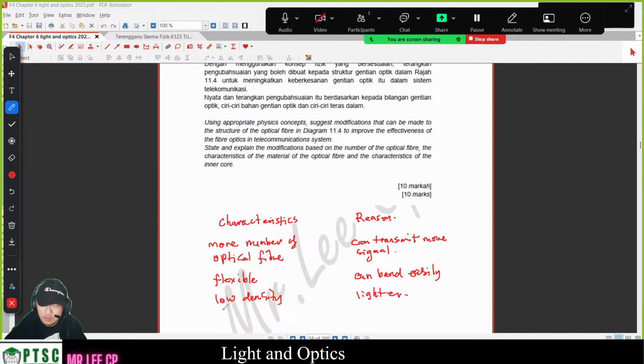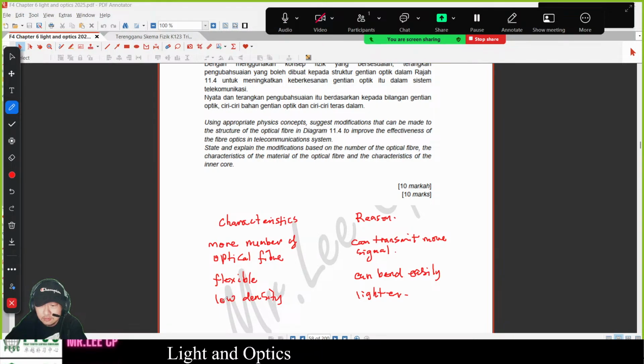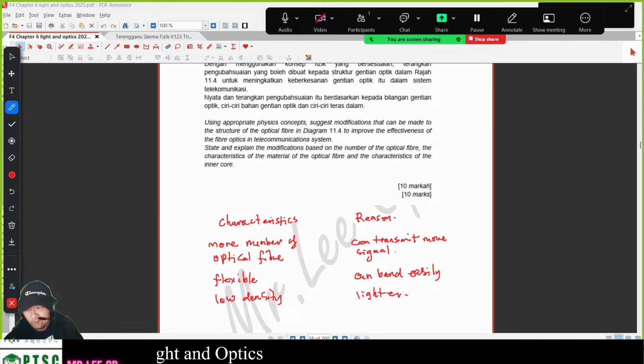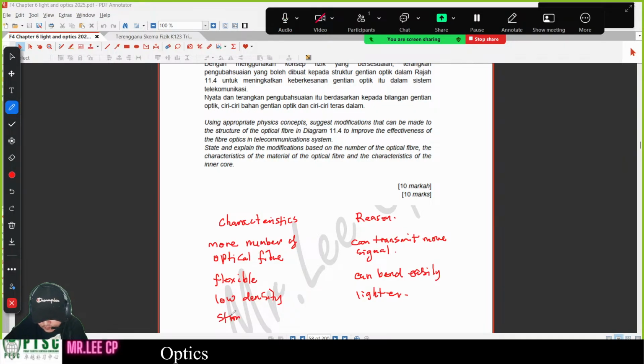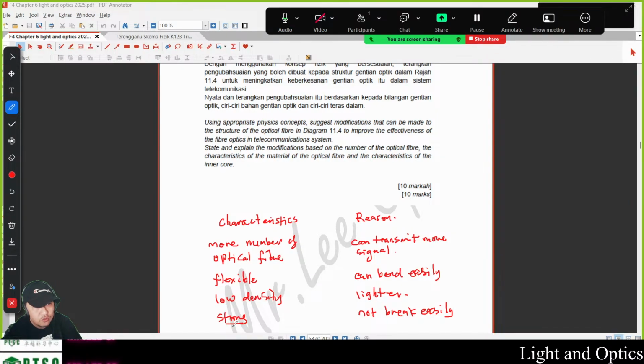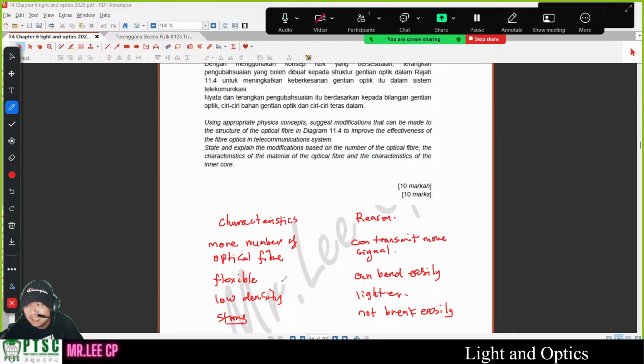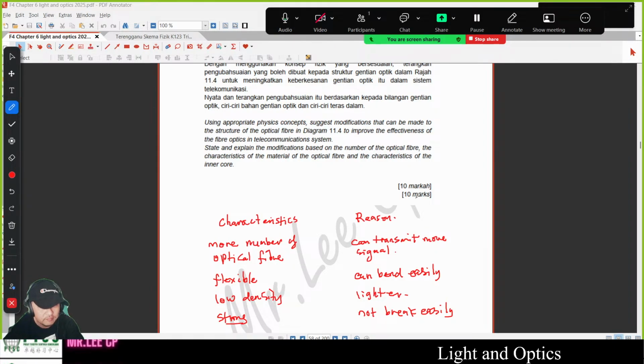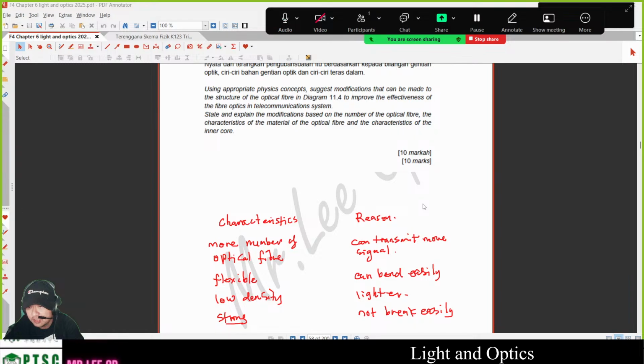One more: strong, not break easily. Be careful when you use strong. Don't use the word hard. Like if you are using glass it is hard, but it is not strong. Very easy to break. So be careful.